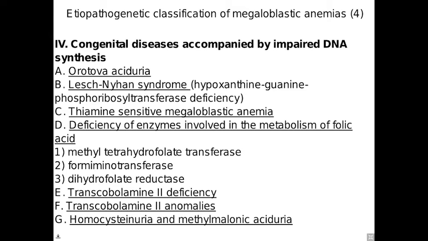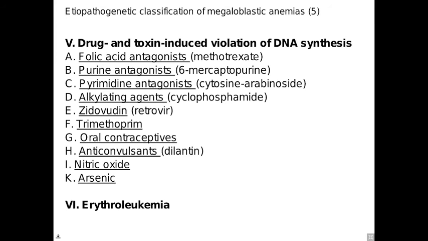DNA synthesis violation can also lead to the megaloblastic type of anemia. Of course, congenital diseases of this type are very rare. Drug and toxin-induced violation of DNA synthesis is caused by certain harmful substances and poisons. Erythroleukemia can also lead to a megaloblastic type of anemia, an associated condition of the bone marrow.